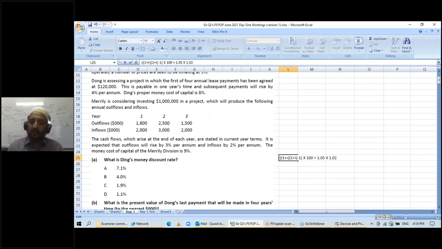Multiply 1.05 with 1.02, and then deduct 1 from it, and then multiply by 100. So this gives you the money rate. The money rate in this question is 7.1% for Ding.